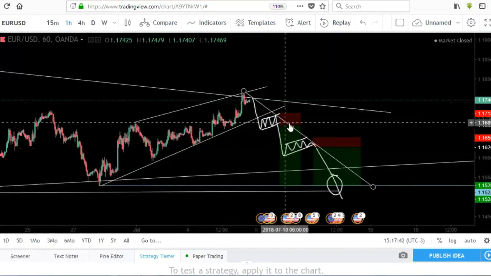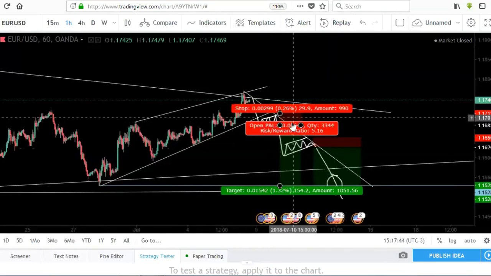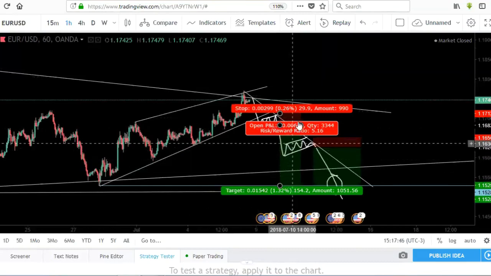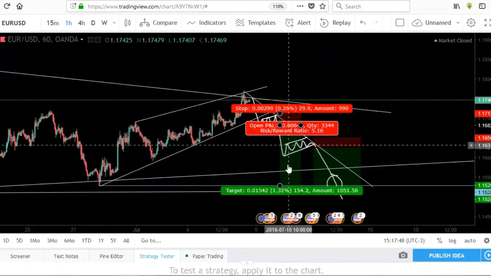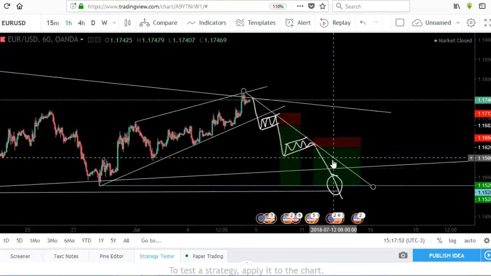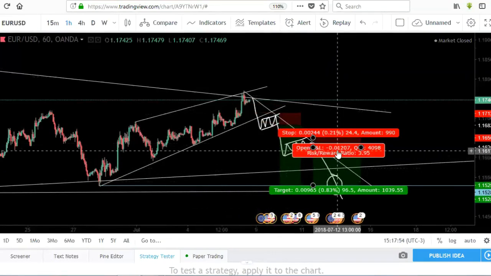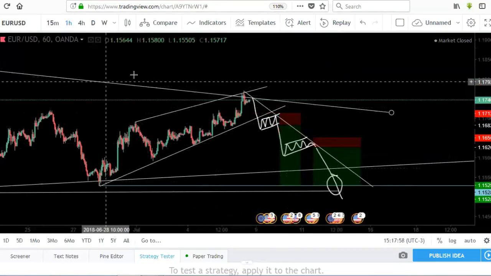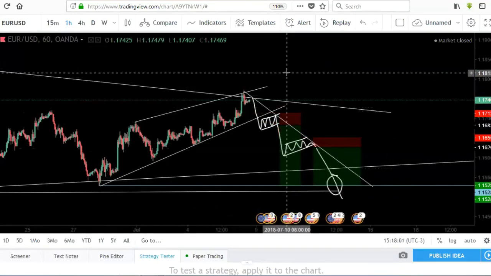You can see we minimized our loss by putting small stops, a 30 pip stop, and our reward is way greater. With the second trade, the same thing. Our stop losses are small and our profits are large, and that's how we use the risk reward ratio.